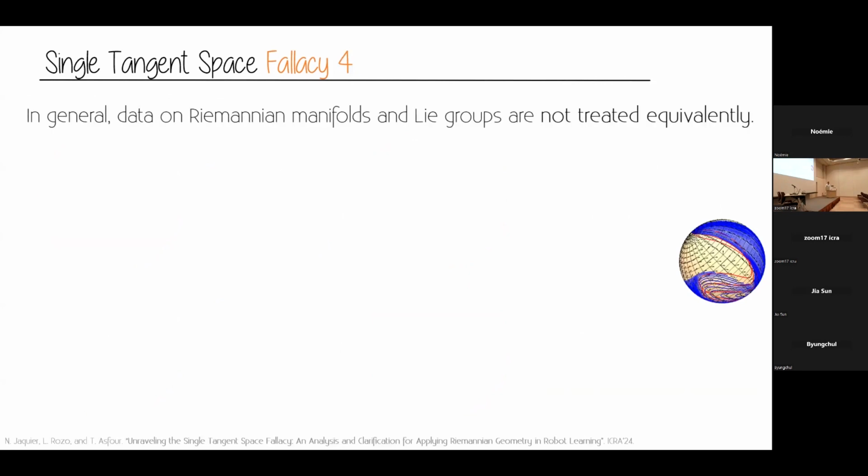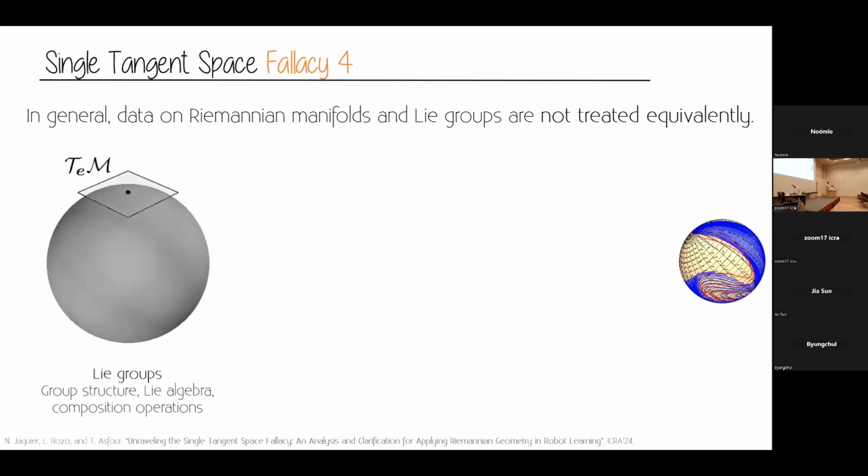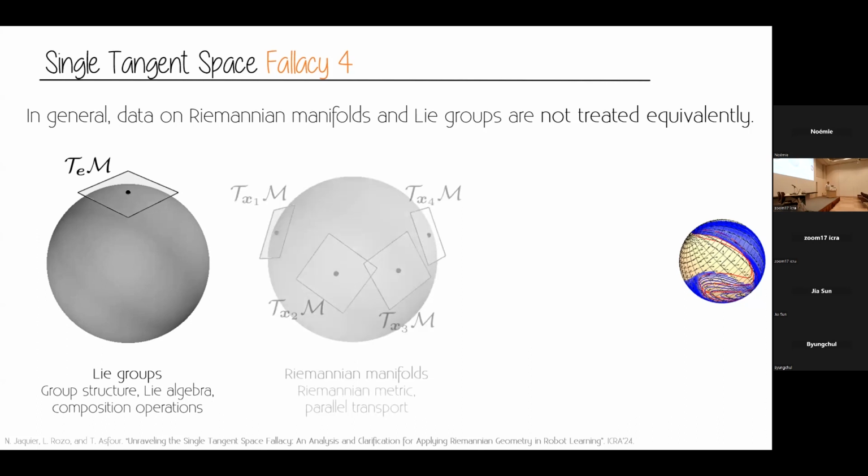Here, I guess you should already be convinced that Riemannian manifolds and Lie groups are actually not the same. We need to endow them, so basically, they represent different entities. The idea of emphasizing this fallacy is for the following reason.